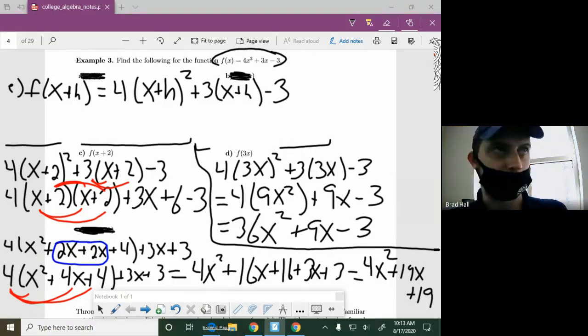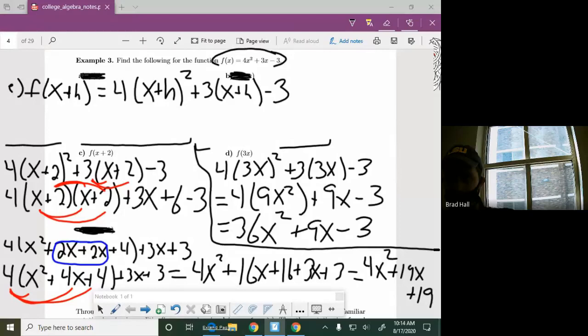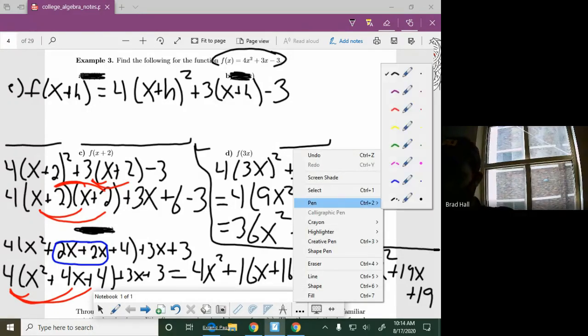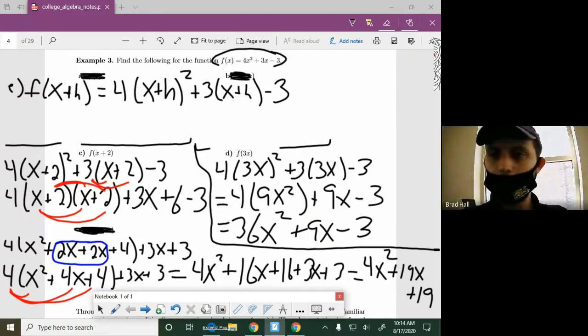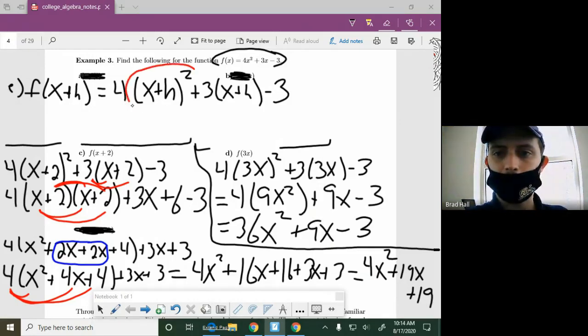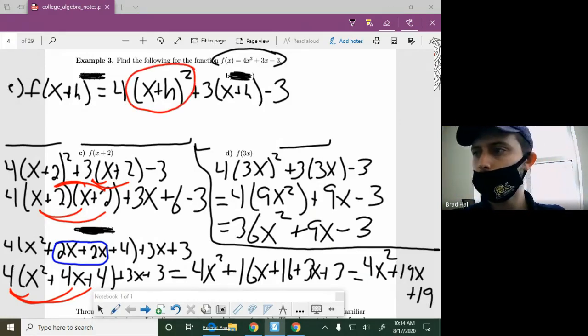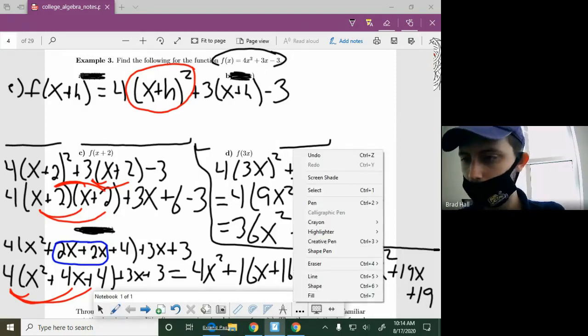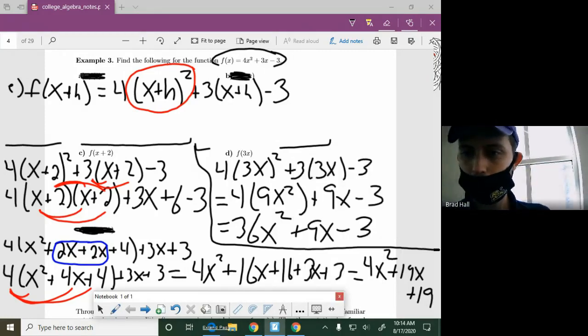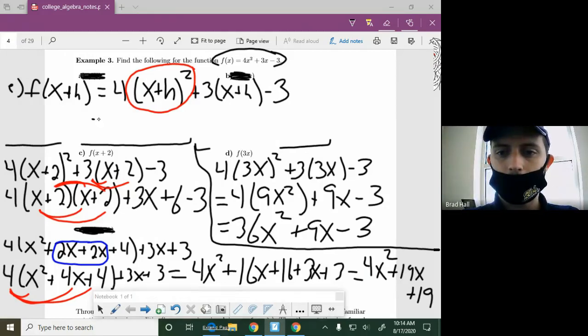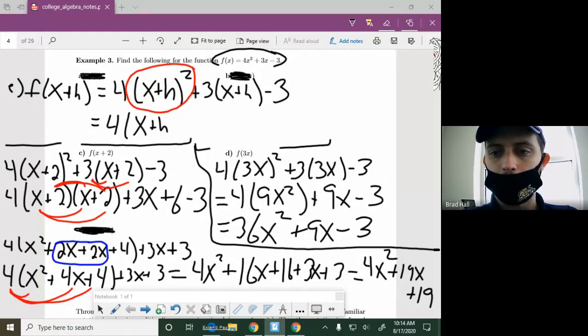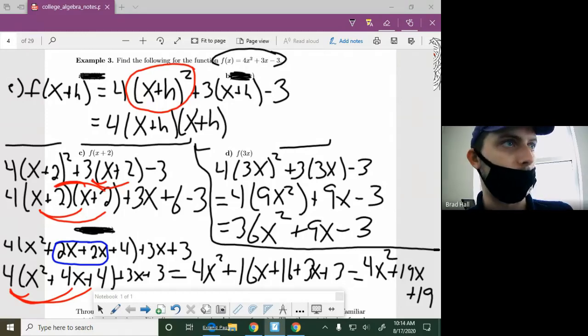So 4 times (x plus h) squared plus 3 times (x plus h) minus 3. And from here, I will have to consider foiling the x plus h squared right here. So, like I did before, I'm going to write it out as 2 separate factors, because that's what it means for something to be squared.